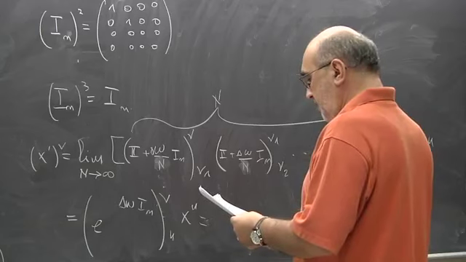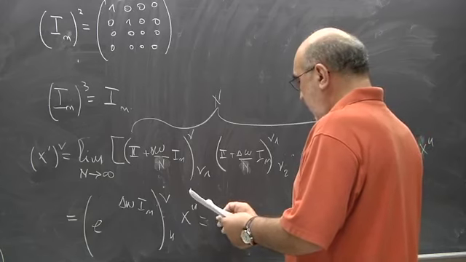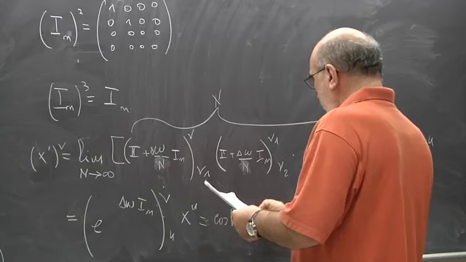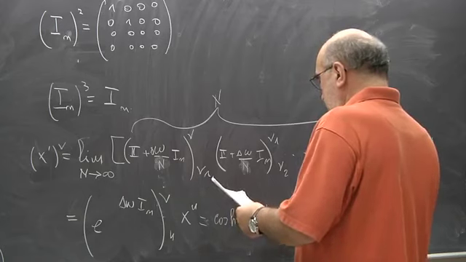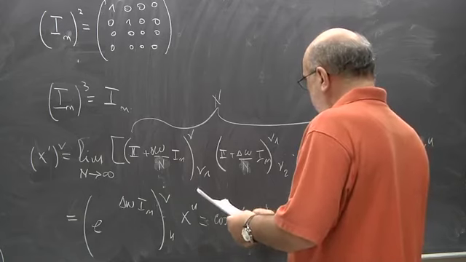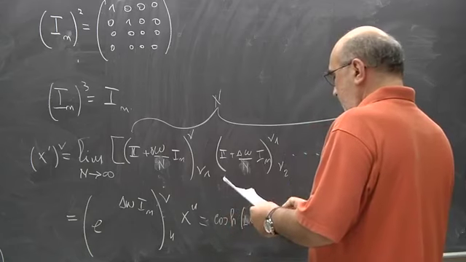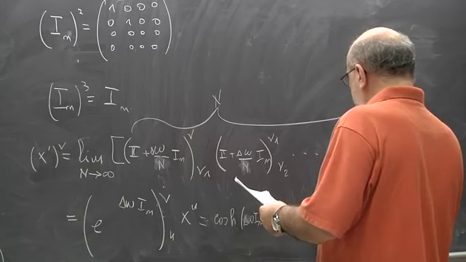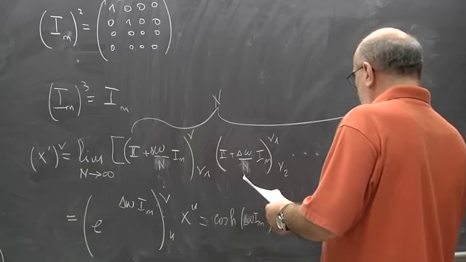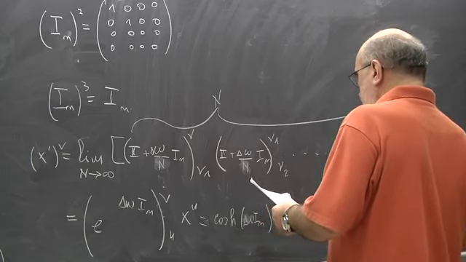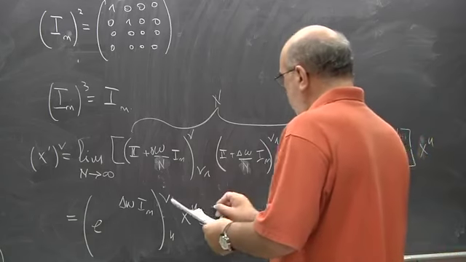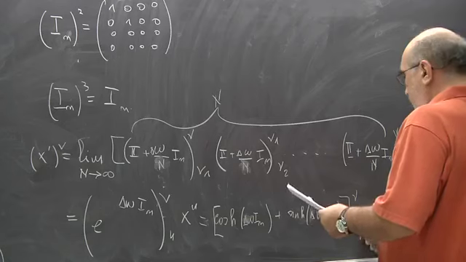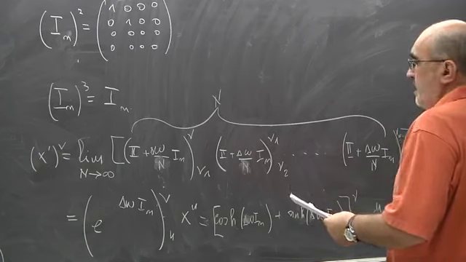So let's do it, and you get cosine hyperbolic of delta omega In, plus sine hyperbolic delta omega In, all these as index mu mu x mu.